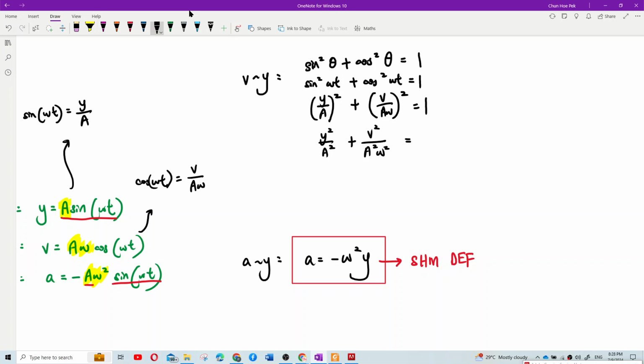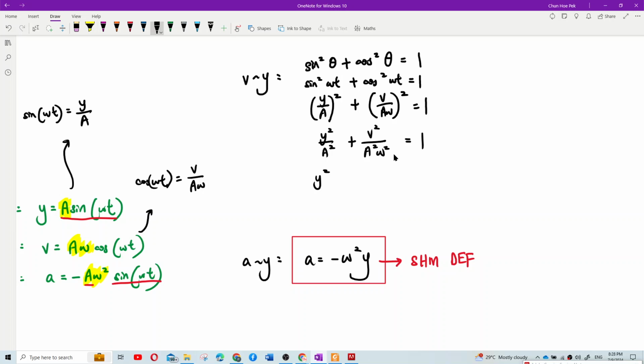equal to 1. Okay. So what I do is I multiply a square omega square. So I multiply. So y square, yeah, correct.